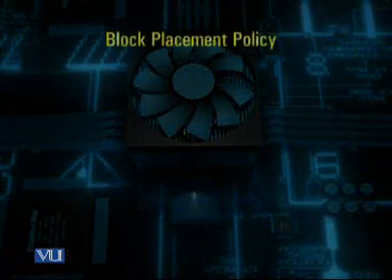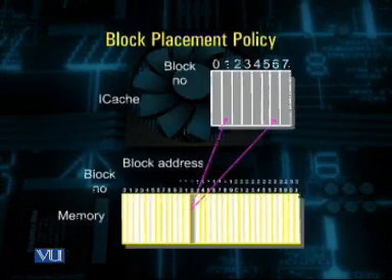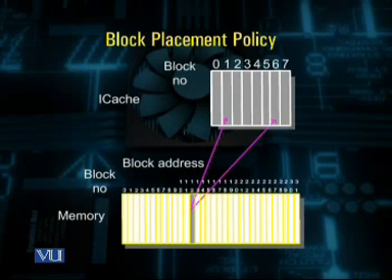The block placement policy differs from one type of memory mapping to another. Let us first talk about the fully associative mapped memory. This is a class of memory where a block can be placed anywhere in the upper level cache. You can see this from this diagram.